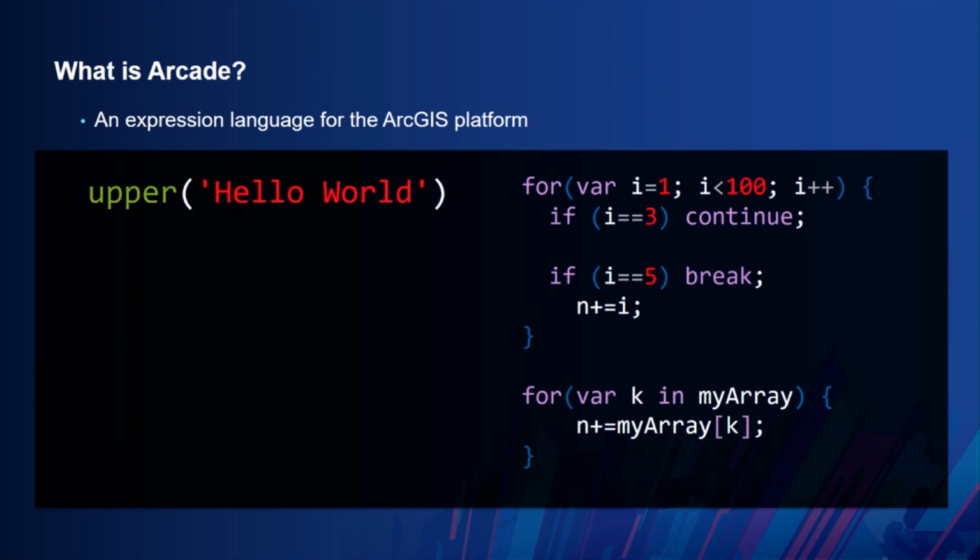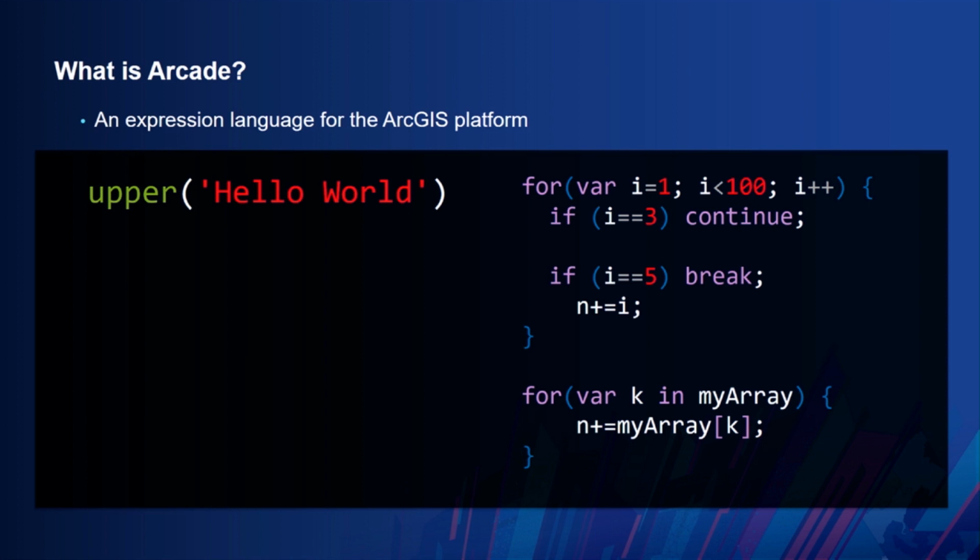So the number one question everybody asks is, okay, so what is Arcade? It's an expression language. What's an expression language? SQL can be used to write expressions. If you've used the field calculator, you probably used Python or VB script to write expressions.